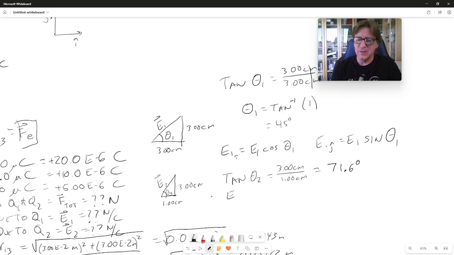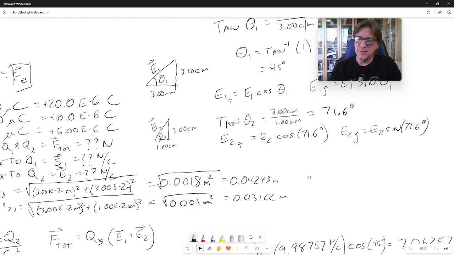And then again, I've got the same thing coming back here. Once I've found that value, E2 i is just going to be E2 cosine 71.6 degrees, and E2 j is going to be E2 sine of 71.6 degrees. All right, so let's go ahead and work that out then.